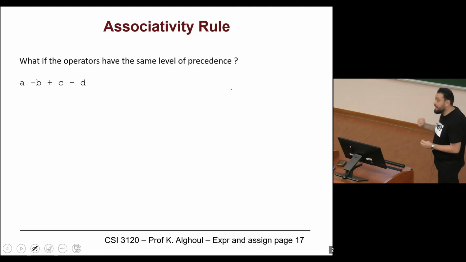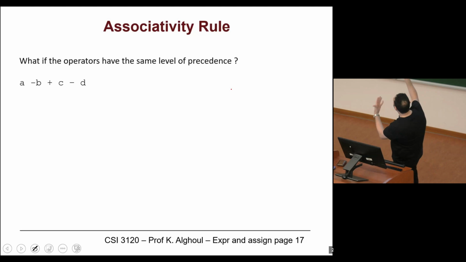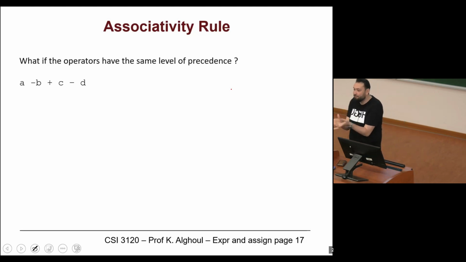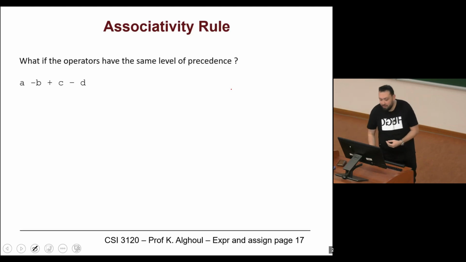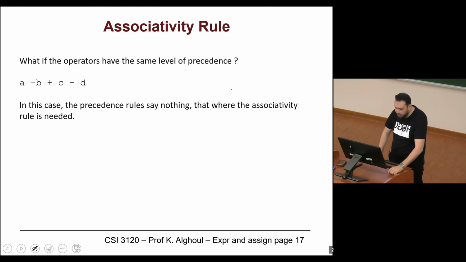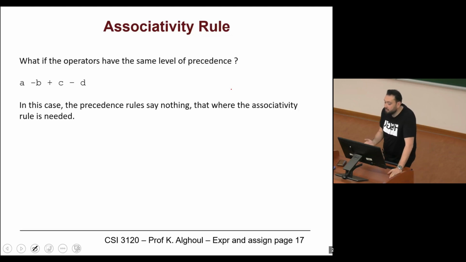Mathematically, you can do A minus B plus C minus, that's fine. But for the machine, it needs a specific rule to follow. So usually, if the operators all have the same level of precedence, that's where the associativity rule is going to come in handy. In this case, the precedence rules say nothing, so that's where the associativity rule is needed.